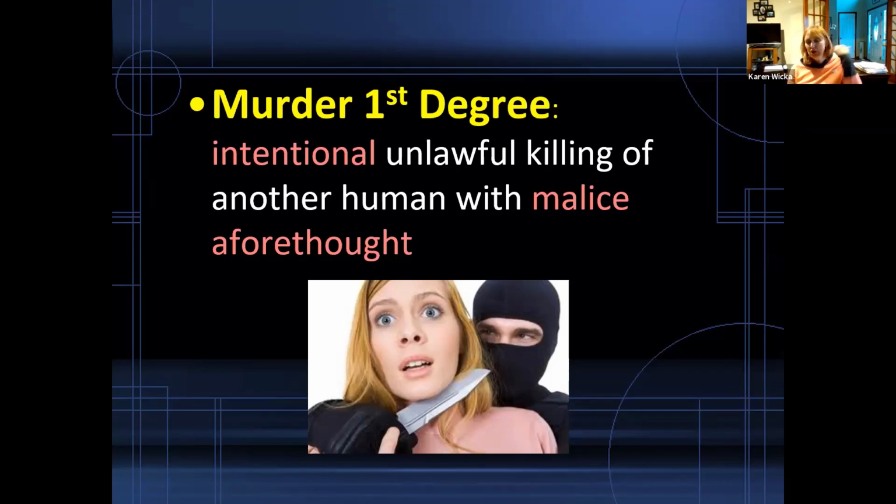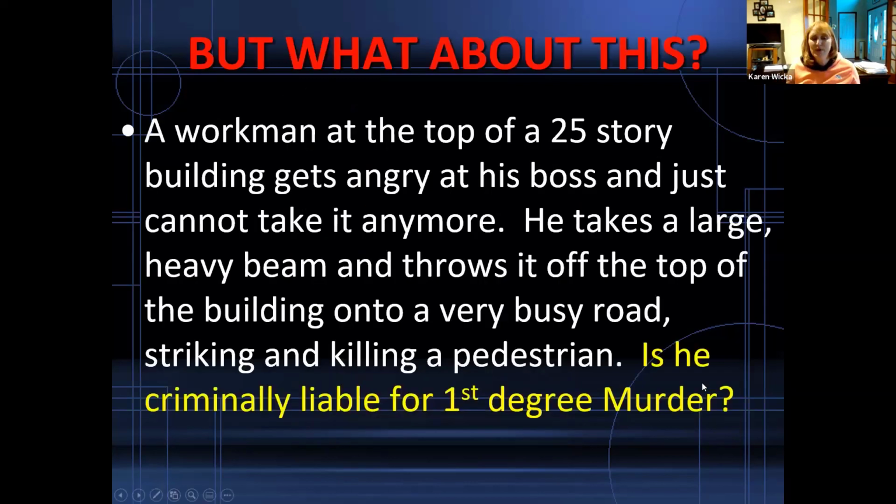So the only way to go to the highest level under common law was intentional homicide, so intentional taking the life of another person. But you had to show this malice and a forethought. If you didn't meet all of those things, malice, aforethought, intentional, and taking the life, you could not charge first-degree murder, okay?